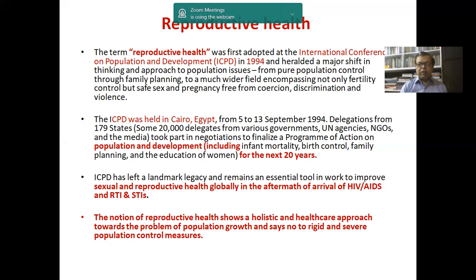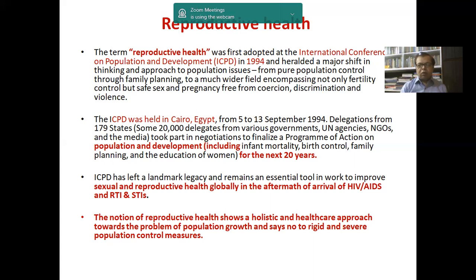But we realized that those severe population control measures, or you can say the instrumentation of vasectomy or tubectomy kind of thing, have not proved very productive, or they became counterproductive. So the whole approach was changed. A healthcare approach is adopted.